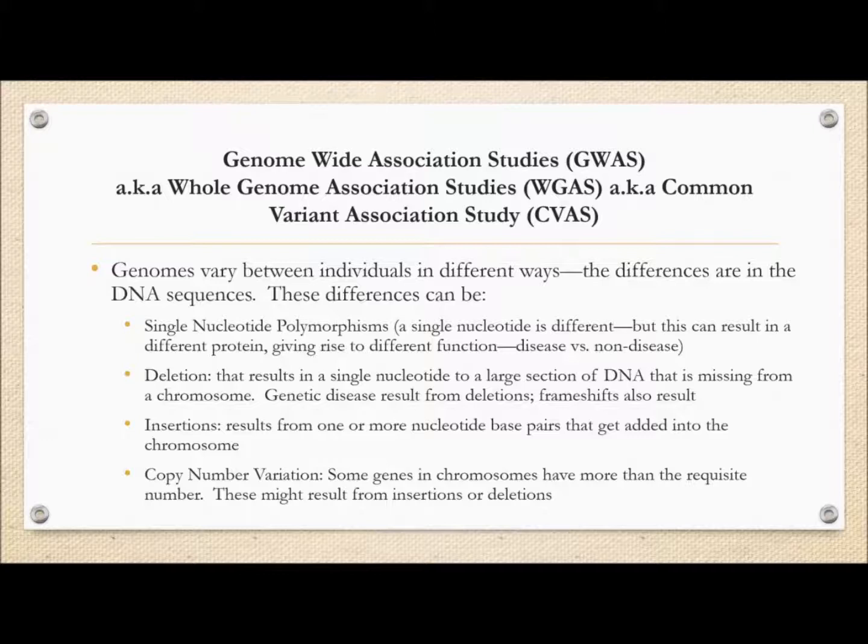And depending upon the structure and functional aspects of that protein, if that particular amino acid is pivotal, it can change function. Okay, deletion. If you have a missing nucleotide, that can range from a single nucleotide to a large section of DNA that is missing from a chromosome. Genetic disease results from deletions.